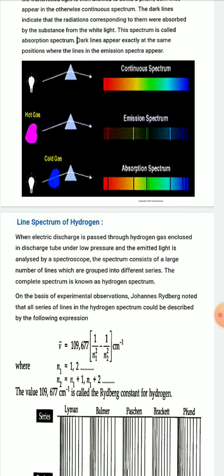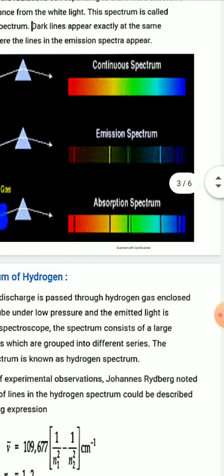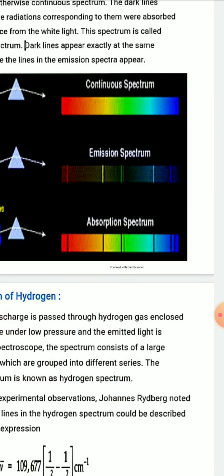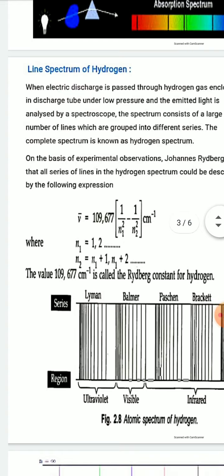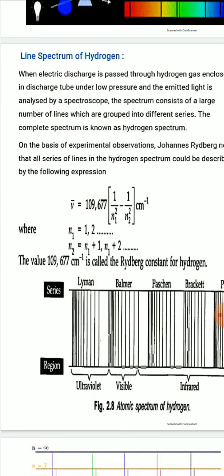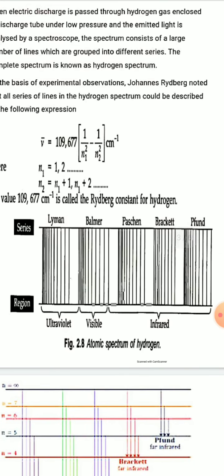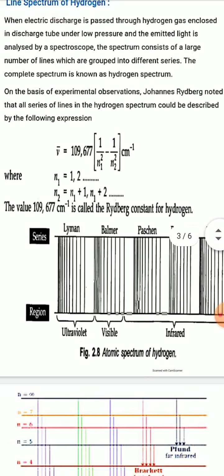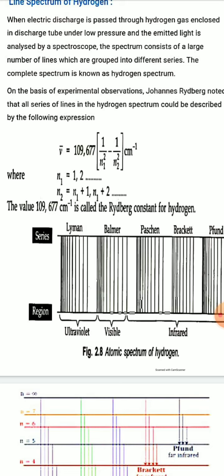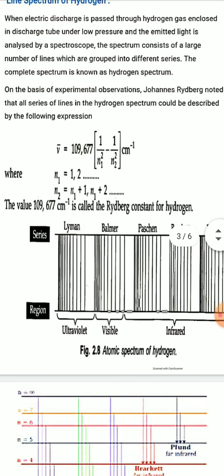It is actually an emission spectrum. And in figure 2.8, it is the atomic spectrum of hydrogen. There are different series of lines. The complete figure is the atomic hydrogen spectrum.